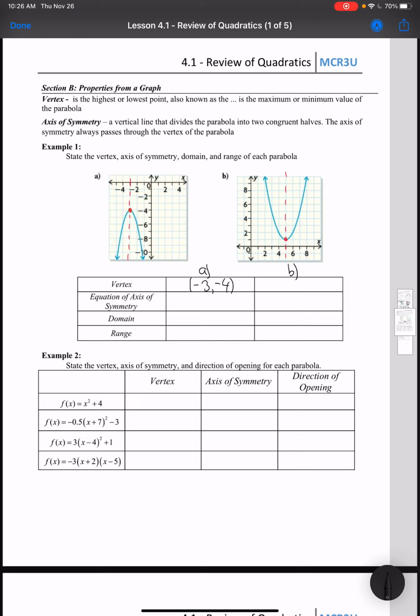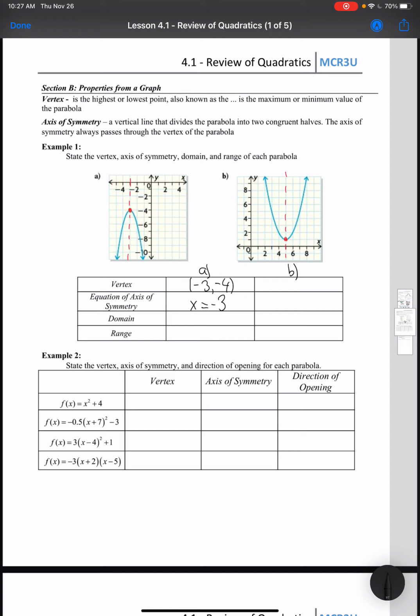Then the equation of the axis of symmetry, since it's a vertical line, you can write as x = -3.